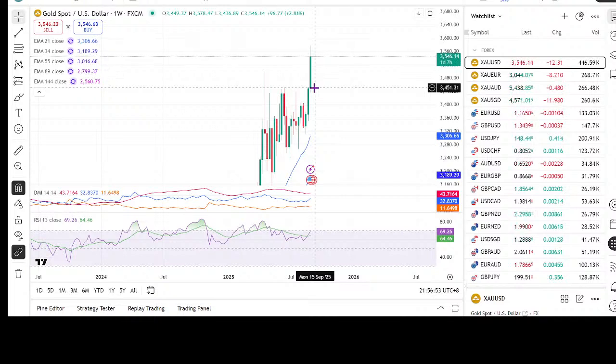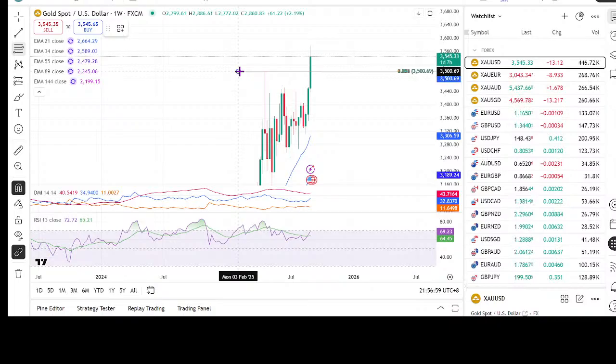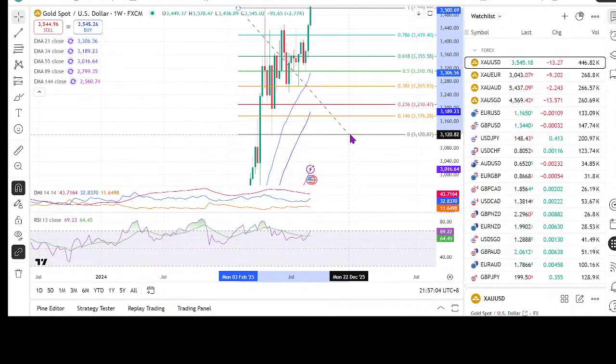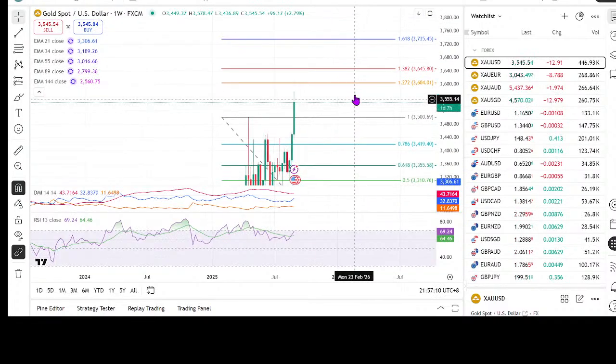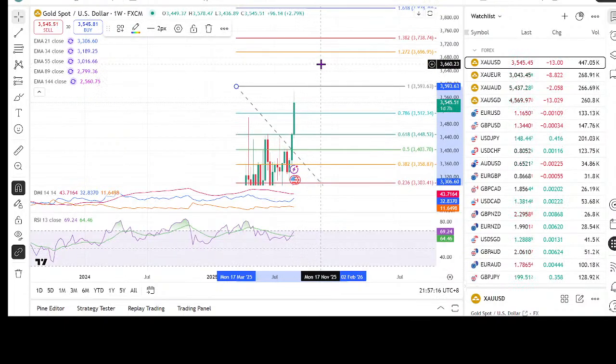So price is expected to push higher, with a price target we are looking for somewhere in extension, which is somewhere near 3605 and 3645, or even higher, 3735. That should be your final target for this up move.